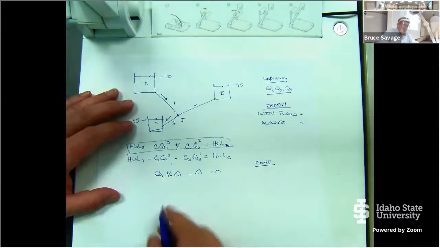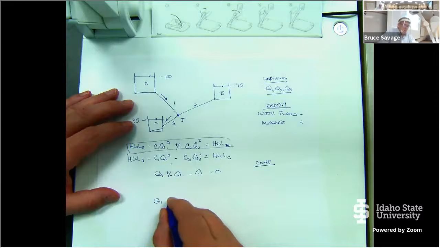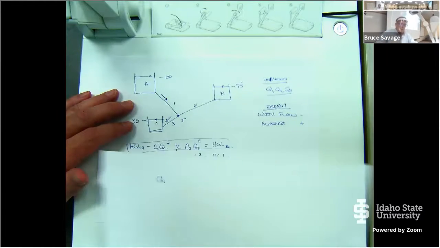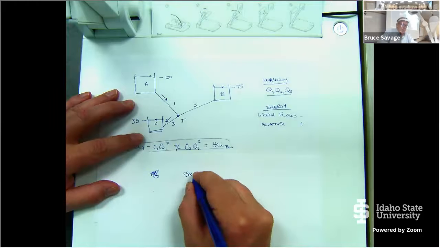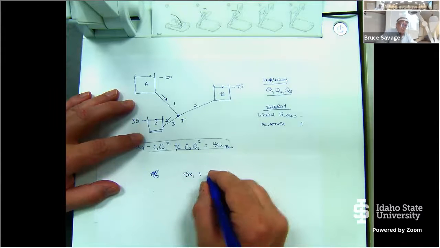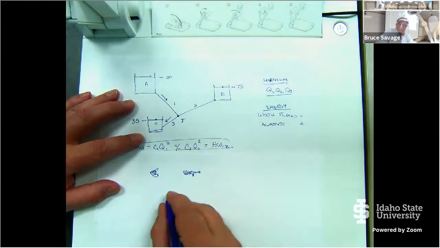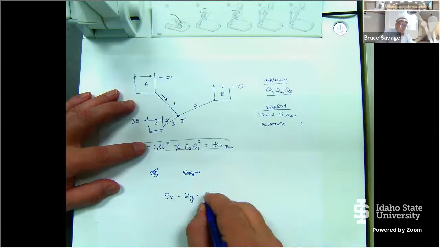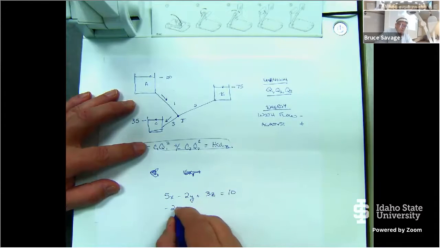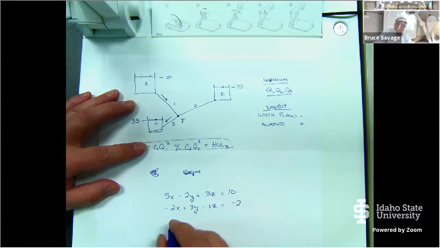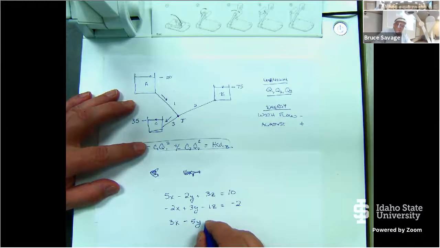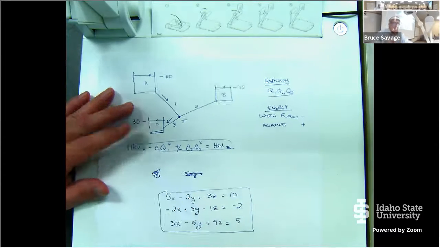If I gave you an equation set, 5x minus 2y plus 3z equals 10, negative 2x plus 3y minus 1z equals -2, and 3x minus 5y plus 4z equals 5, how would you solve it?